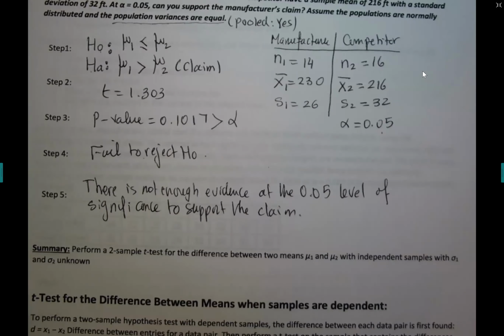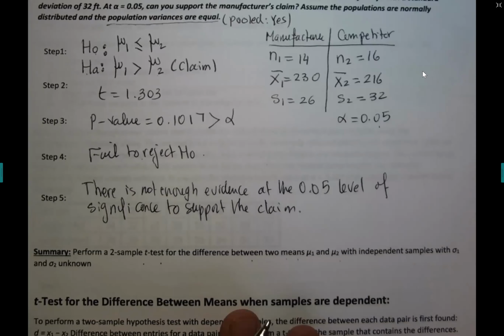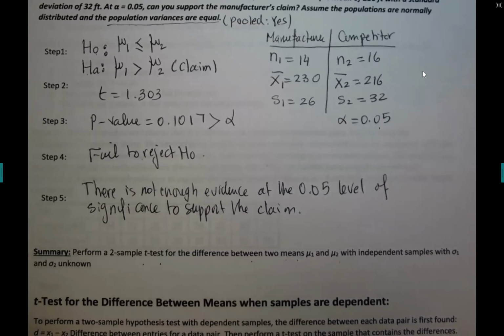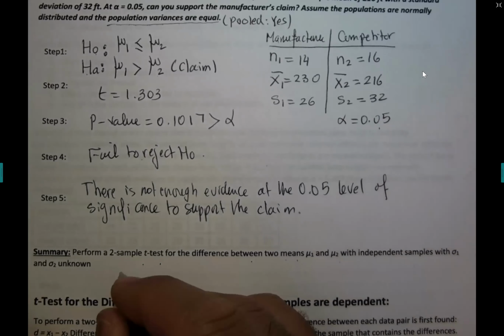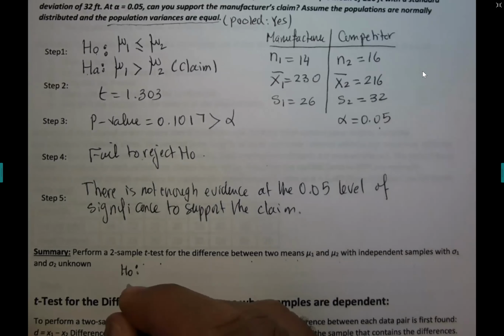So you perform a 2-sample t-test for the difference between two means mu1 and mu2 with independent samples, with sigma 1 and sigma 2 unknown. Now I'm just going to bring your attention to something you might notice if you go on YouTube to view some videos pertaining to this. Like, just write this.